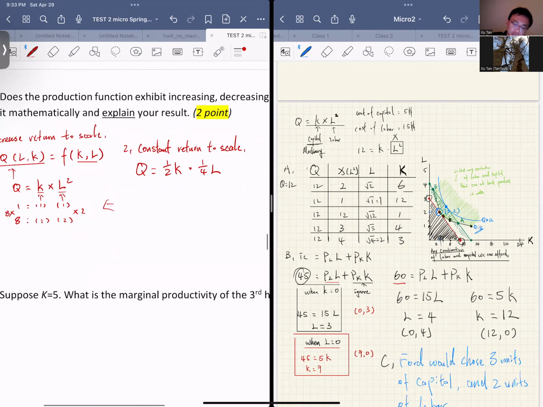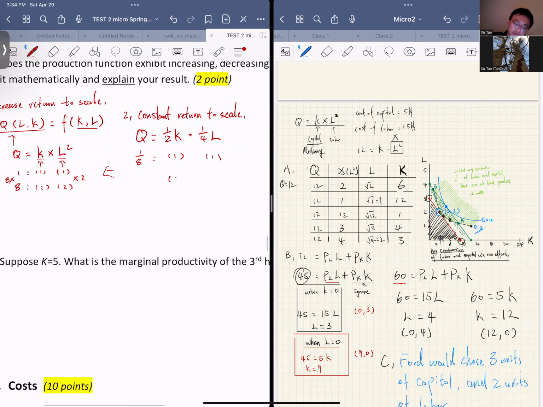Just plug in the real numbers and test it out. So we plug in 1, 1. Half times 1/4, that is 1/8. What if we double our input? What happens to our output? It will be 2 times 1/4, that's half. 2 times half, that's 1.